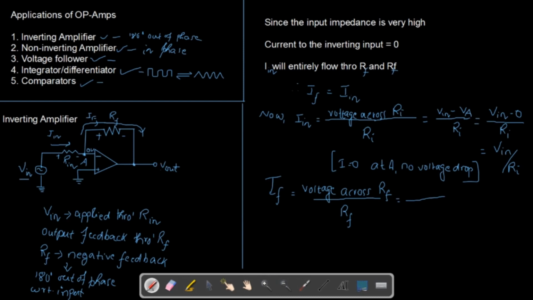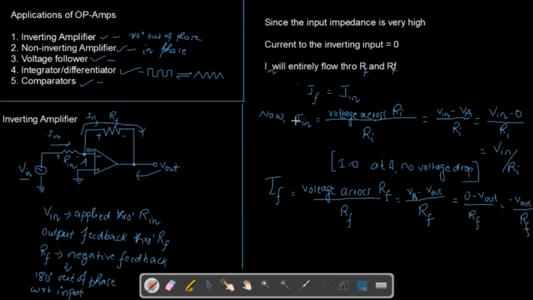This particular point, the voltage is nothing but this V out, right? So we can just simply take it to be VA minus V out divided by RF. Okay, please understand the logic. If you understand it once, I think it should not be difficult. So it is again 0 minus V out divided by RF. So this is minus V out by RF.